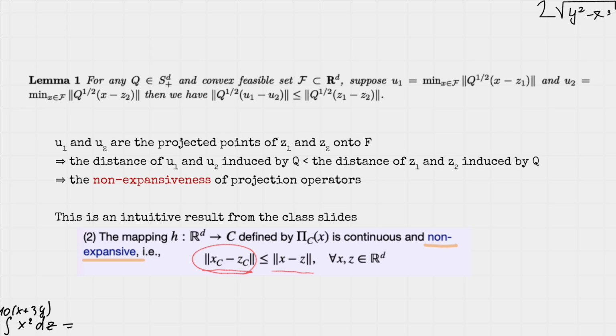Recall that in Lecture 8 we learned about the non-expansiveness of projection operators, and here's the screenshot of it. That is, the distance between the projected points is no more than the distance between the original points, and lemma 1 can be considered as a special case of such a theorem.